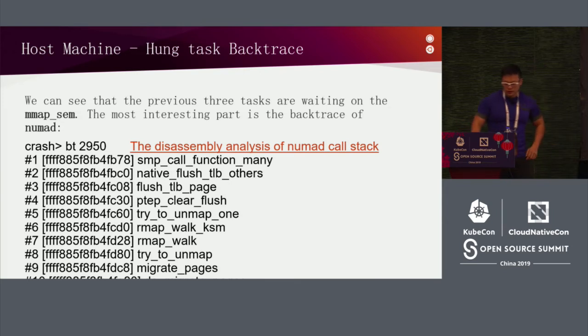When migrating the page, you want to migrate the page from this node to another one, but the page is shared with another node. So you need to do this action. If you want to change the PTE, the TLB cache needs to be refreshed, refreshed from the page table, step by step.